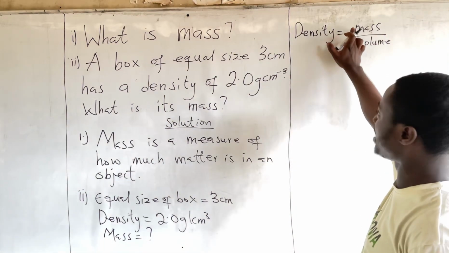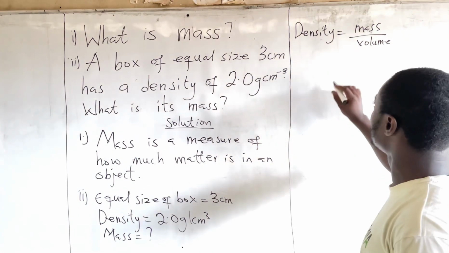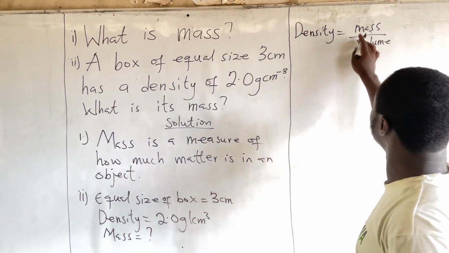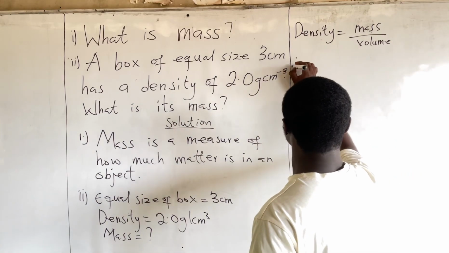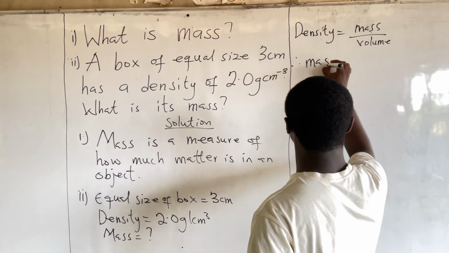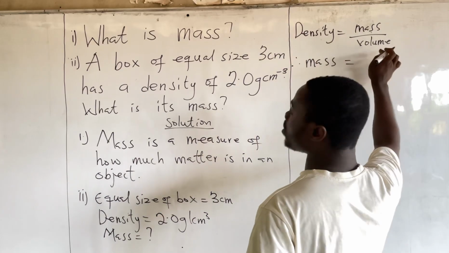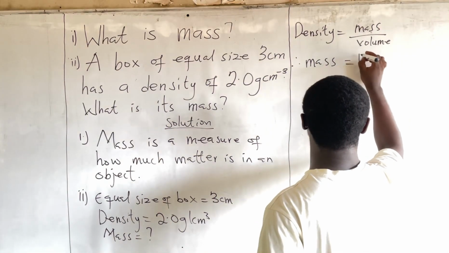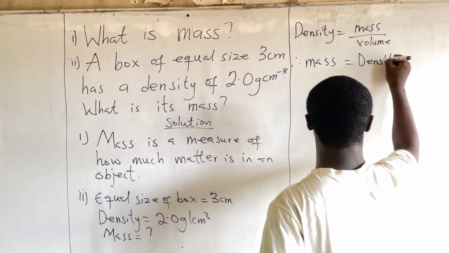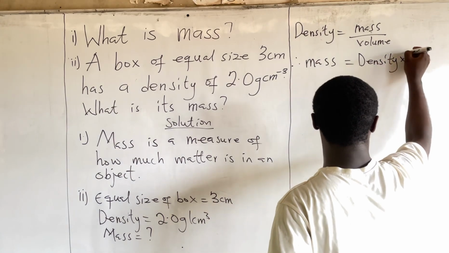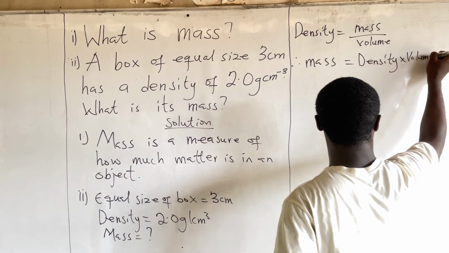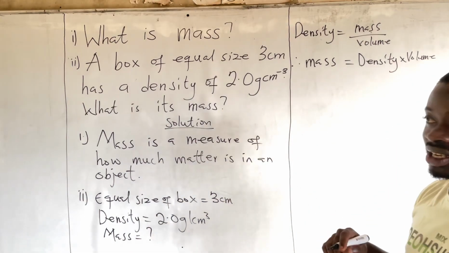Therefore, let's make mass the subject from this formula. So we can cross multiply. So mass will come here. Therefore, we can say mass will be equal to density times volume. So mass equals density times volume.